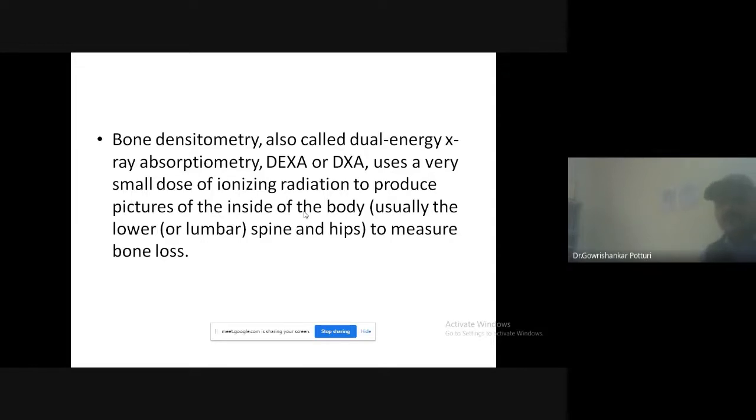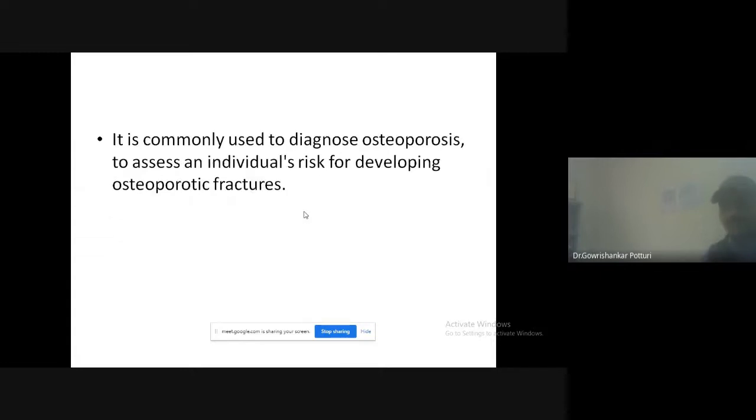This is called bone densitometry. It is commonly used to diagnose osteoporosis and to assess an individual's risk for developing osteoporotic fractures.